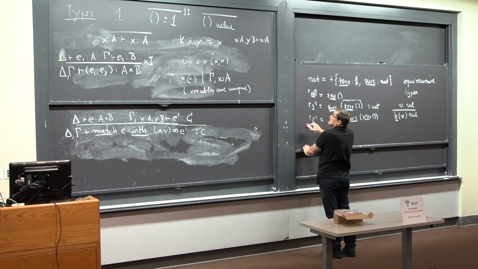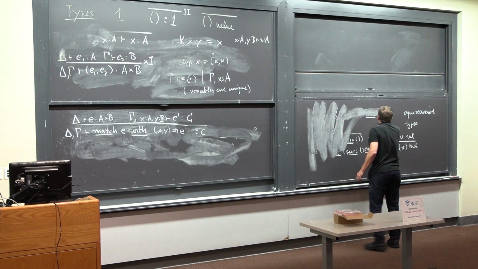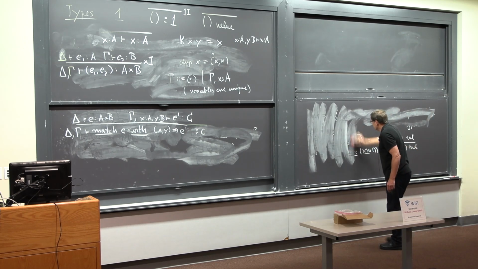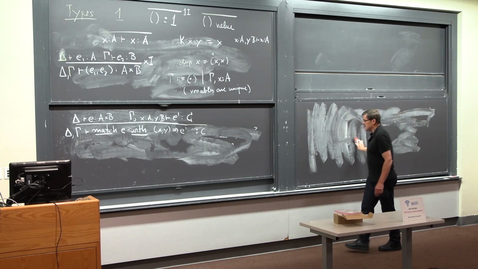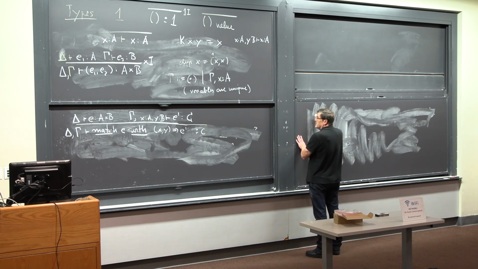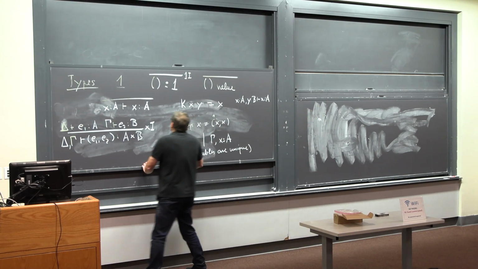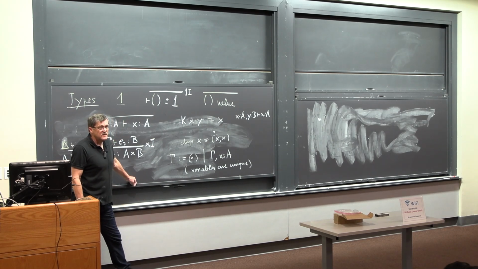Let's look at the unit, because I want to get to some actual coding. I want to complete the set of rules. So for the unit, it would be, okay, actually this one here, there has to be a context on the left. What would that be?